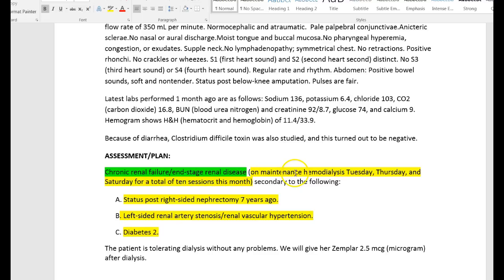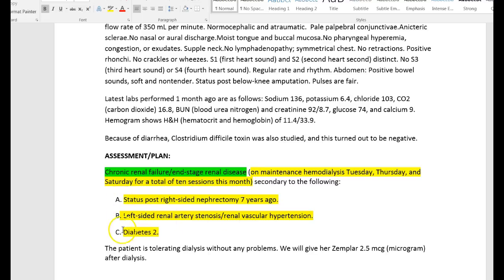So she's on a maintenance program, Tuesday, Thursday, and Saturday, for a total of 10 sessions this month. Instead of him describing 4 sessions, he's saying 3 times a week, pretty much, for 4 weeks out of the month. And whatever month it is, it seems like she'll have 9, but she's having 10 services.